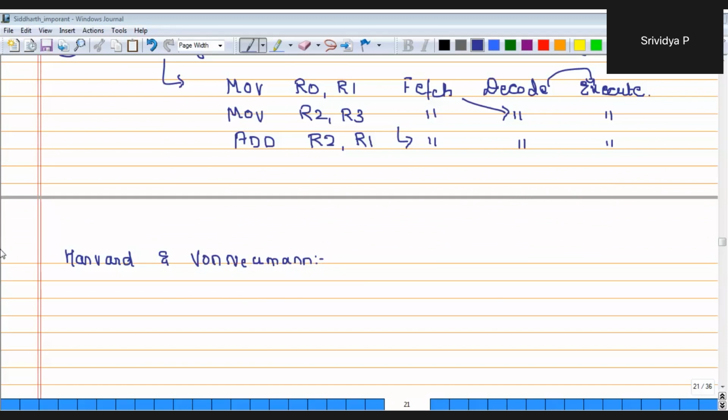The origin of Harvard and von Neumann architecture can be traced to the computing requirements of the US Navy. The US Navy requested Harvard University and Princeton University to design a computing device. Both of them came out with a design, named after the scientist who devised it, called Harvard and von Neumann architecture.